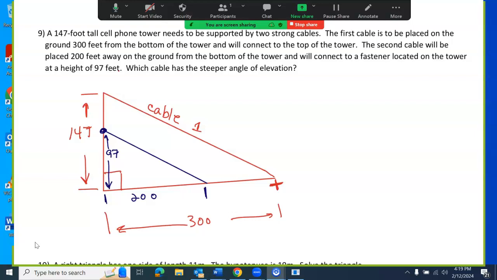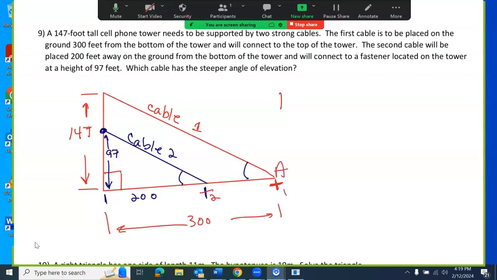Okay, so the angles of elevation are here and here. And don't forget, this is cable 2. So it looks to me like we're going to use tan for both. Let's do the red first. So this is 2, this is 1.